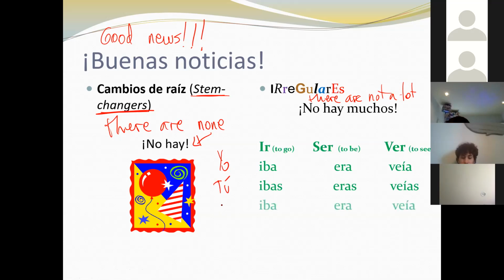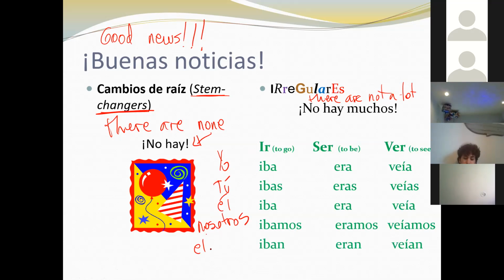The él, ella form, same as the yo, él iba, él era, él veía. The nosotros form, nosotros íbamos, nosotros éramos, nosotros veíamos. Next one is ellos. Ellos iban, ellos eran, ellos veían.